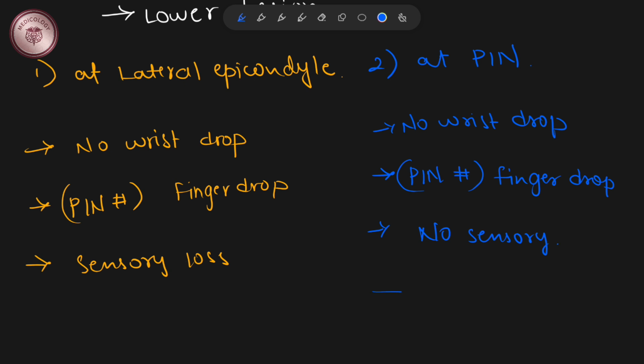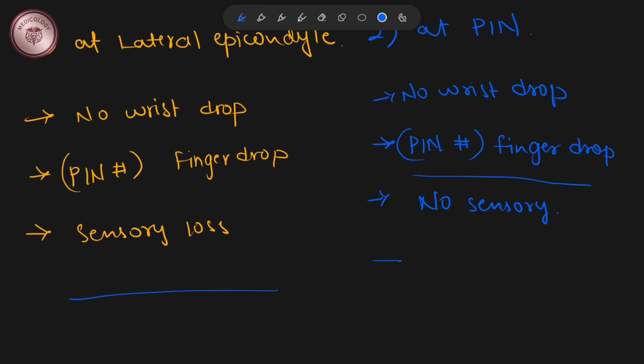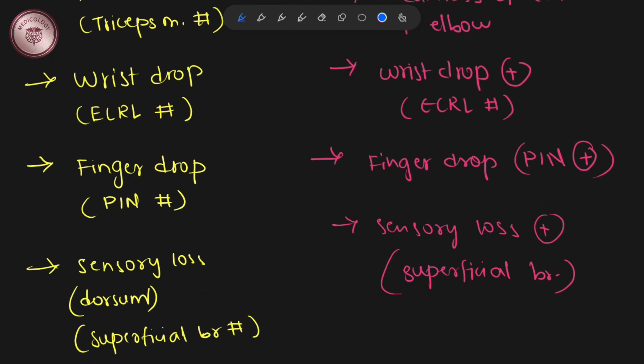How will the patient come to you? The patient will come with finger drop. There will be flexed fingers. Other things are normal, the superficial branch is working, and there is no wrist drop. So the person will come to you with the finger drop sign. Over here, there will be finger drop with sensory loss. What about these two?